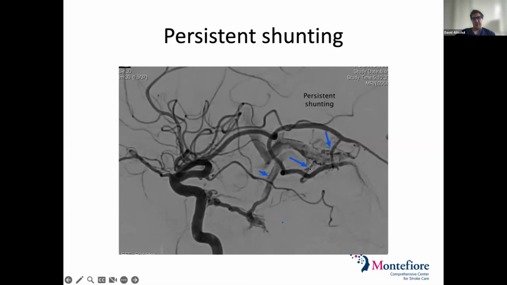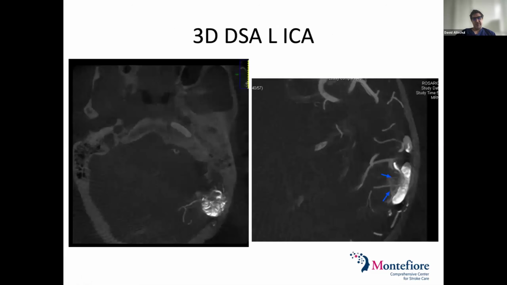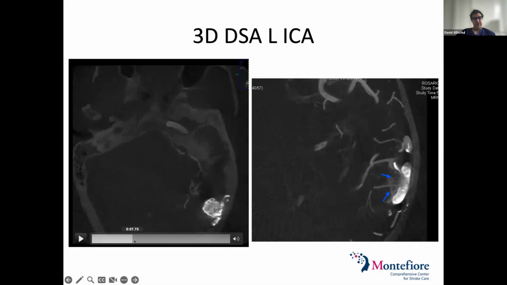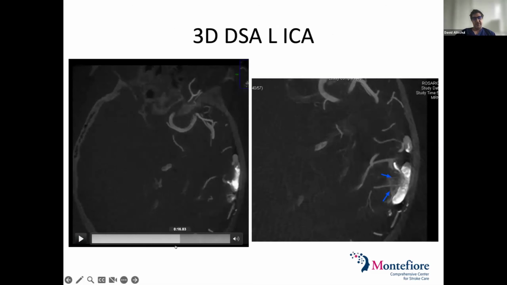I wasn't able to push any further from my catheter position. And here's a Dynascan showing where the Onyx is compared to where the pial component is, along the temporal lobe there.